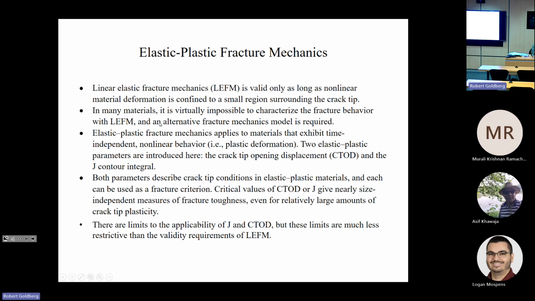We talked a little bit about how linear elastic fracture mechanics can be extended to incorporate plasticity in metals, but we're now going to spend some time on extensions for when plasticity is more significant than in the limited cases we looked at under the constraints of linear elastic fracture mechanics. As we talked about, linear elastic fracture mechanics is valid as long as nonlinear material deformation is confined to a small region surrounding the crack tip.